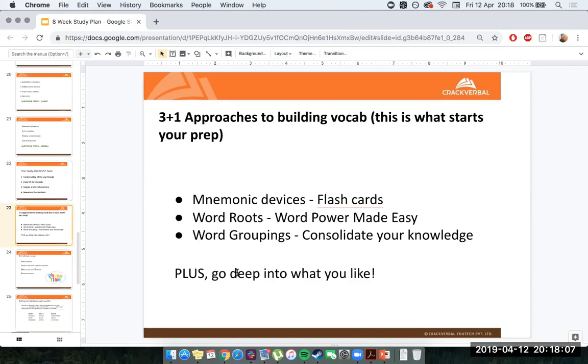Now, these are three specific techniques to learn vocab, and they're all very effective. There's one more generic technique to help you learn vocab as well, and that is to simply take what you really like doing and go very deep into it. Now, I'll say this: I am not the most hardworking person in the world, and I do enjoy playing video games a lot. I could say that there's so much in the way of vocab that I've learned from video games.